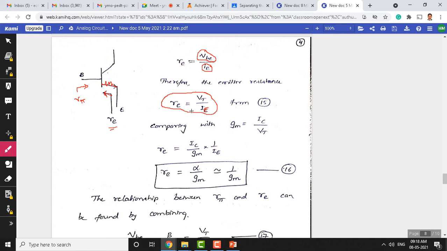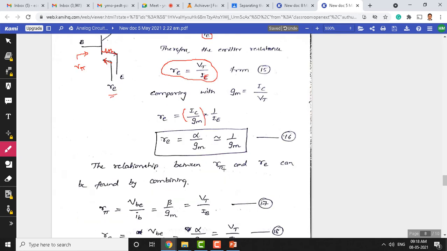You can see we have written IC by gm, and this 1 by IE is kept as it is. Now this IC by IE can be called alpha. Therefore, RE becomes alpha by gm.